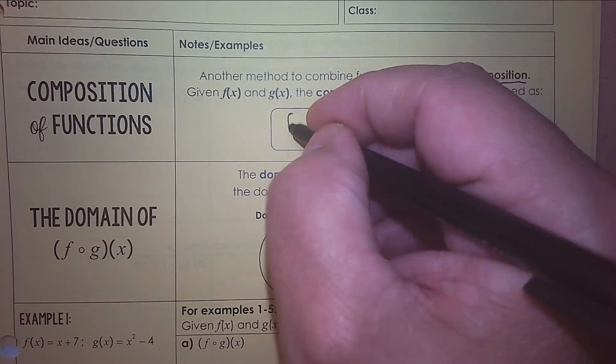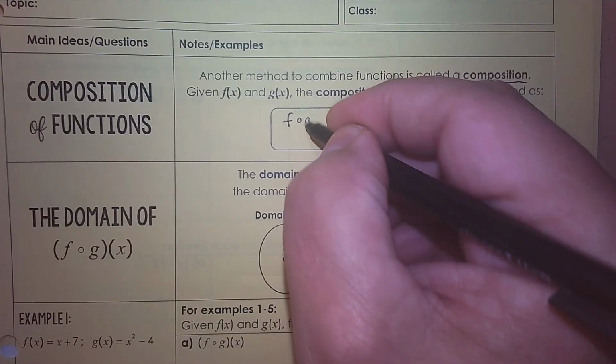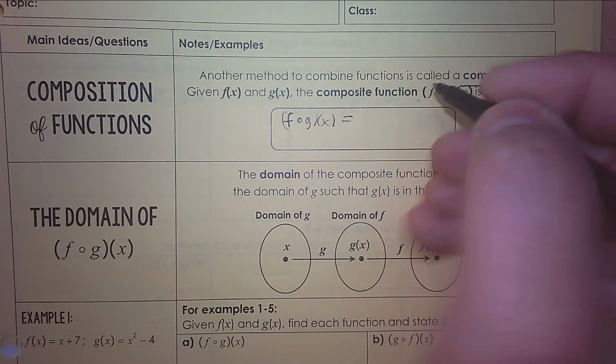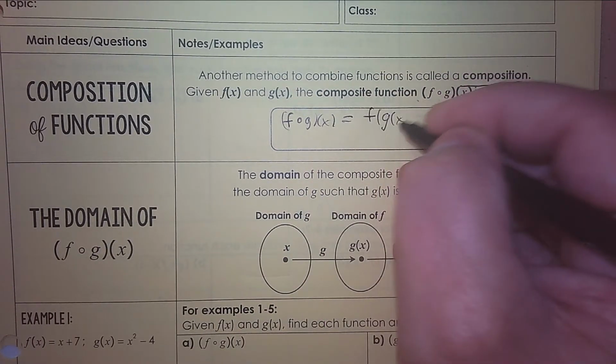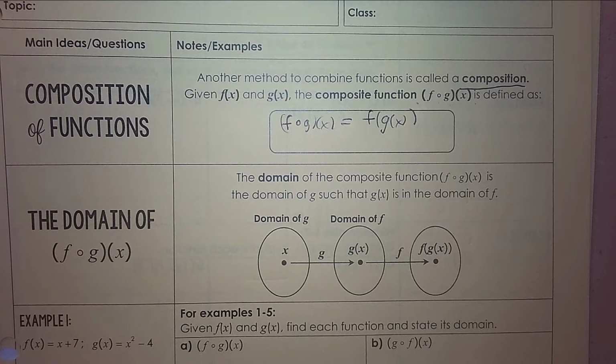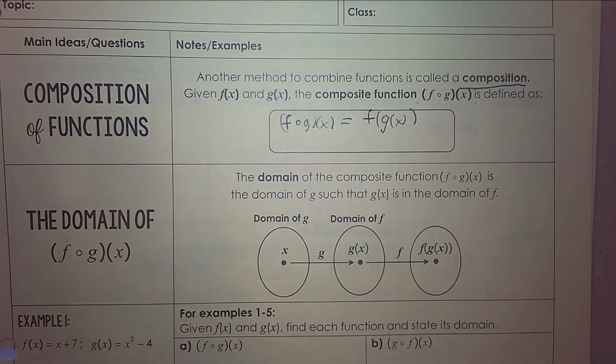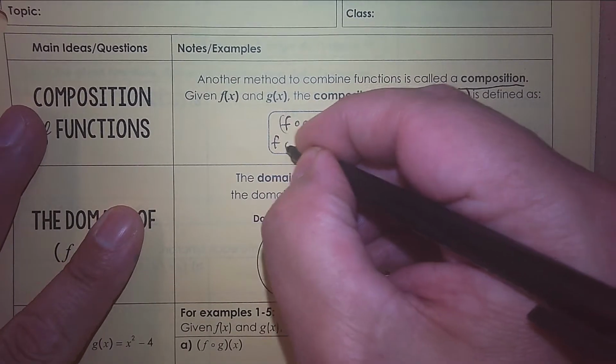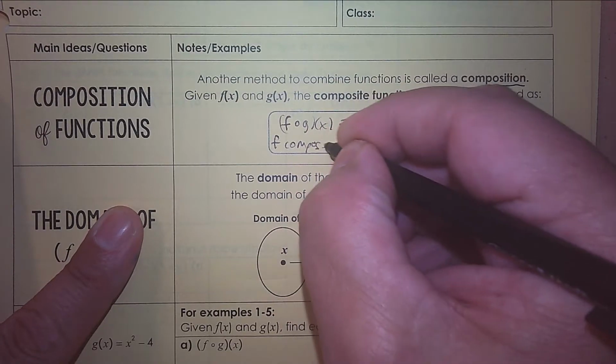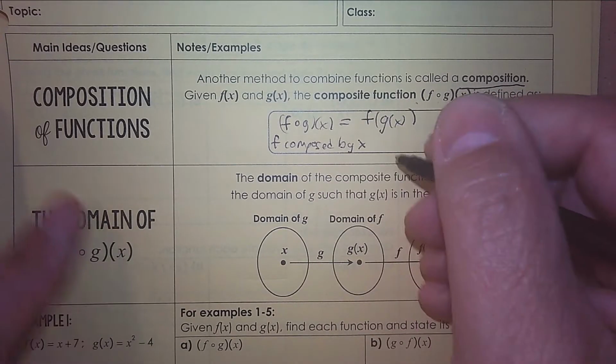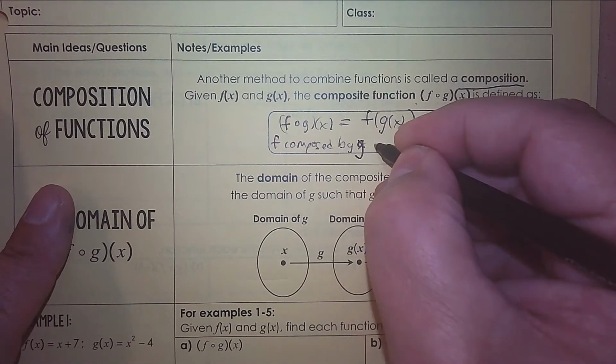F composed by g at x means f of g of x. It's a substitution problem.